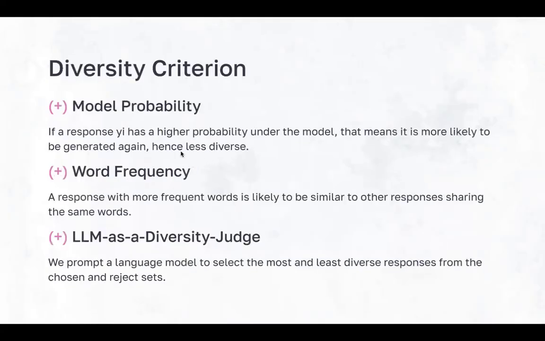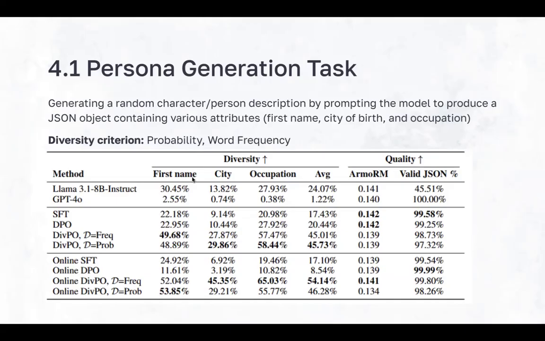Let me go back to the table. I thought maybe from the paper, diversity with the arrow, they've got three different criteria, but only one is shown here. Which one is shown in this table?